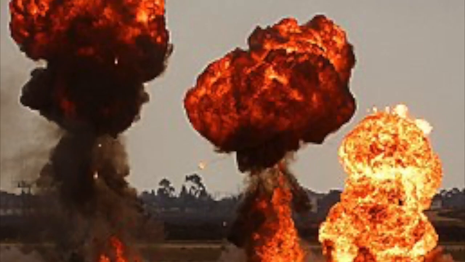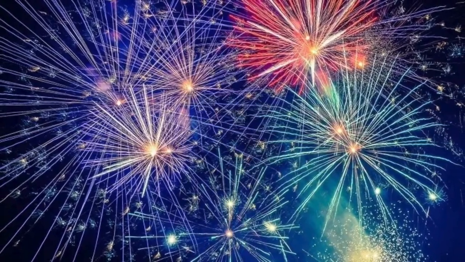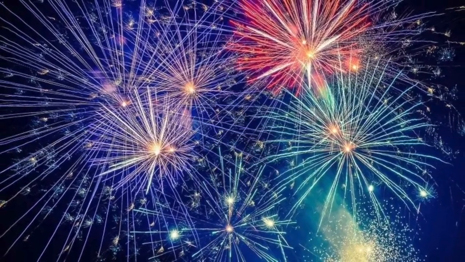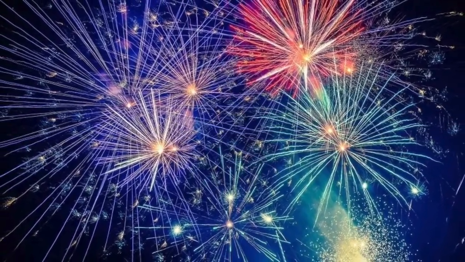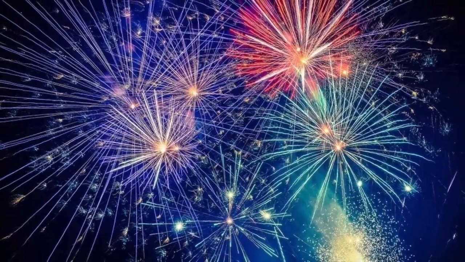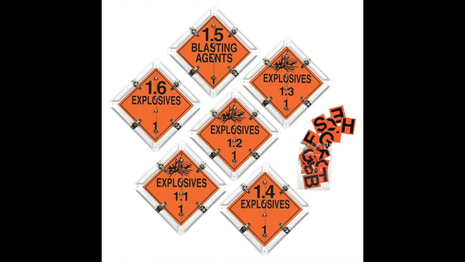Unless the substance or article is otherwise classed under the provisions of this subchapter, the term includes a pyrotechnic substance or article. And then they range in type from Division 1.1 to Division 1.6. 1.1 being mass explosion hazards, one which could affect almost the entire load instantly, and 1.6 being sort of the least of the dangers of the Division 1, consists of extremely insensitive articles that do not have a mass explosion hazard.